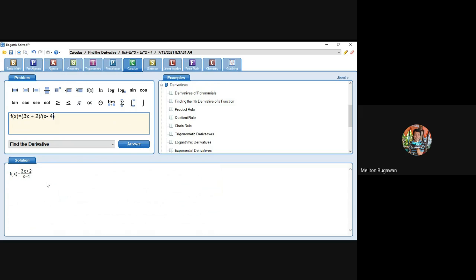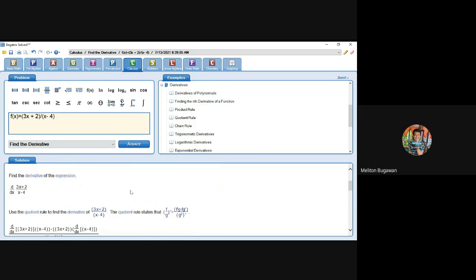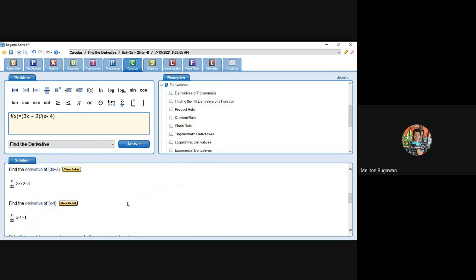So click the answer here, and the software will give you again the details. Therefore, the derivative of that equation is negative 14 over x minus 4 squared. So this is for the quotient rule.